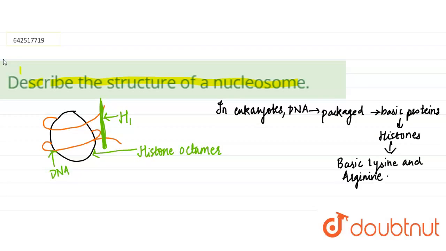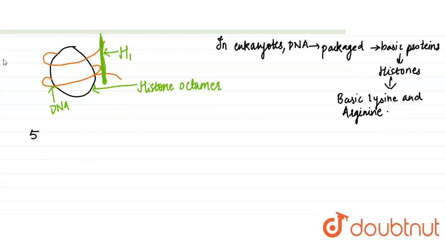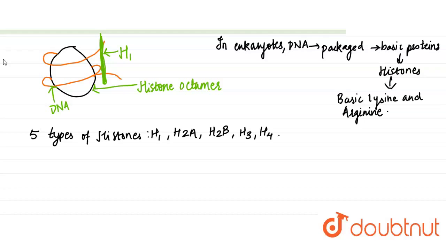Now there are 5 types of histones, and they are H1, then we have the H2A, then we have the H2B, then we have H3, and then we have the H4.